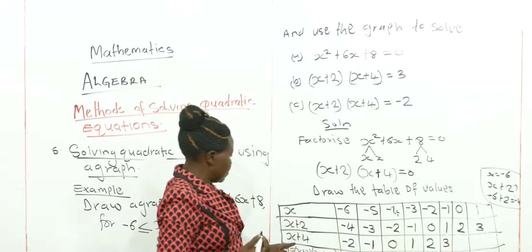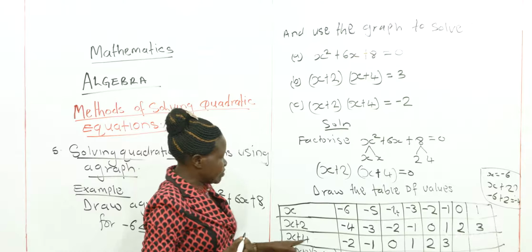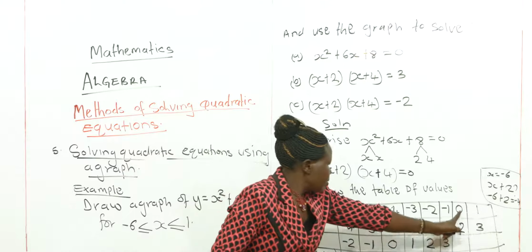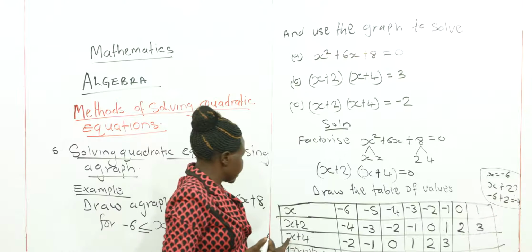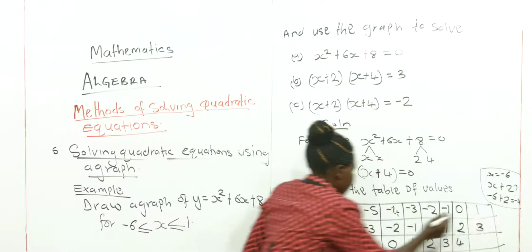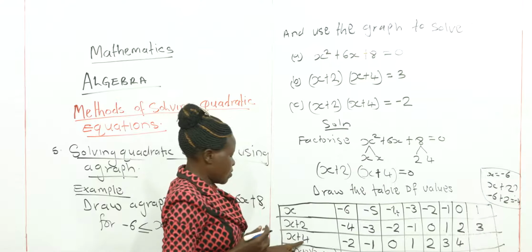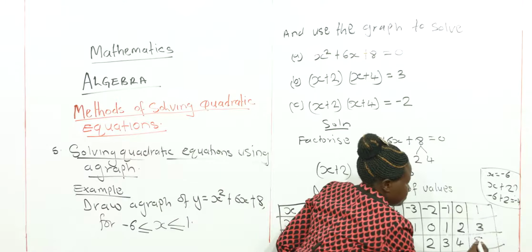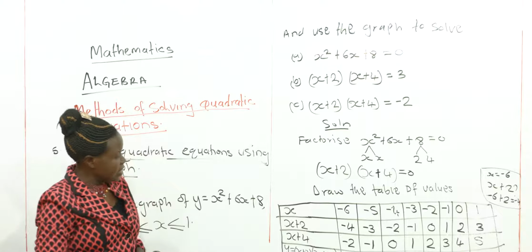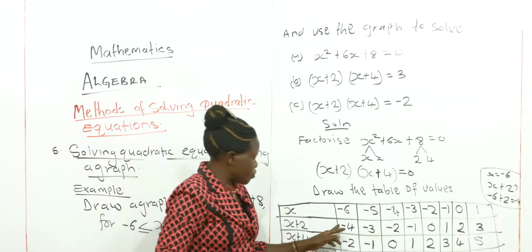And then 0 plus 4, we get positive 4. And then 1 plus 4, we get 5. So, dear learners, that is how you simply get the values of these two.